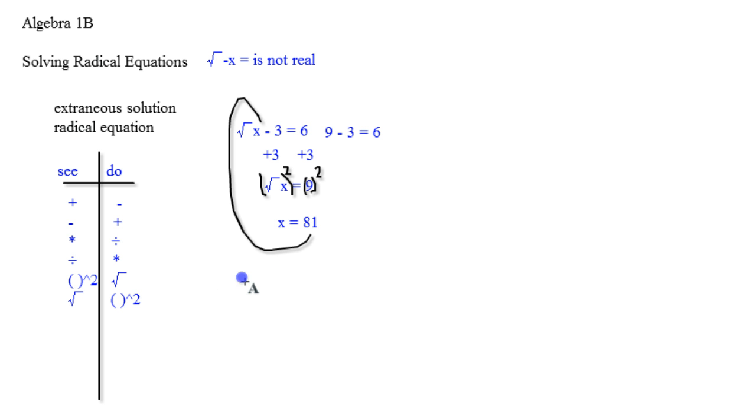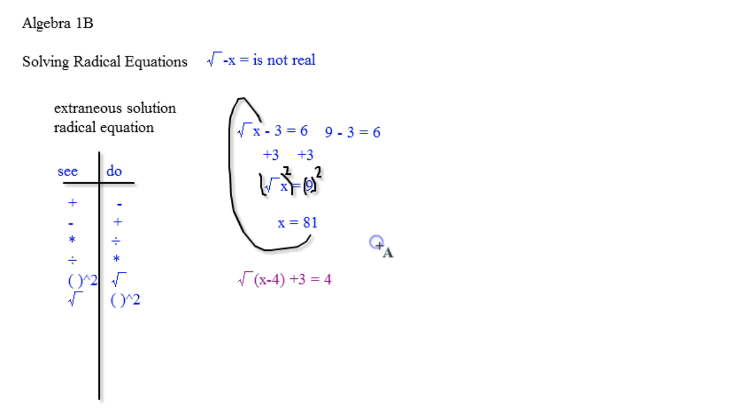Alright, now we're actually going to work on some more problems, except I'm going to show you if the square root goes over the entire thing. So something like this. Let's say the square root of x minus 4 plus 3 equals 4.